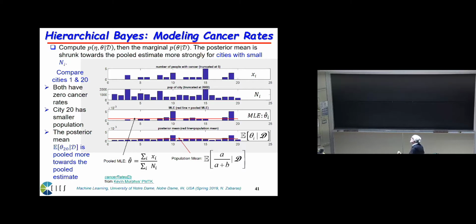You fixed the parameters using all the data. So effectively, the estimation of the parameter theta_i of the posterior depends on all the data, not just the data of city i. As a result, the estimates are way more reasonable than what you get with an MLE estimate on row 3.